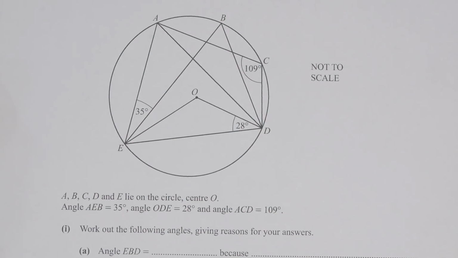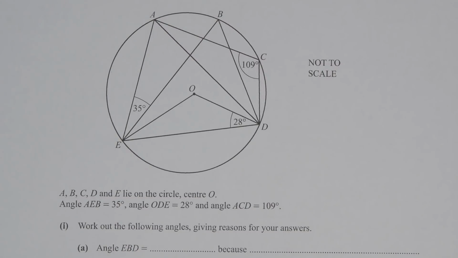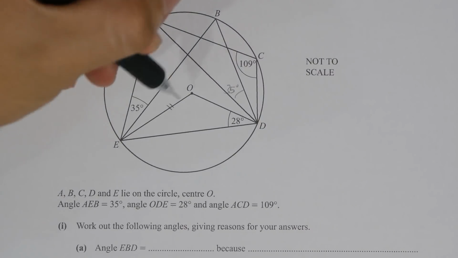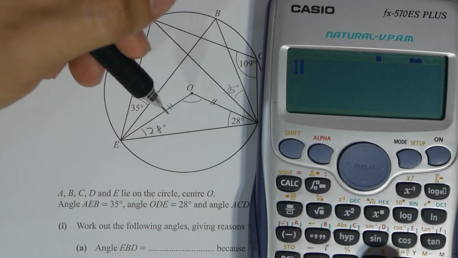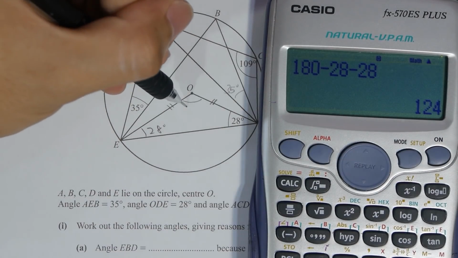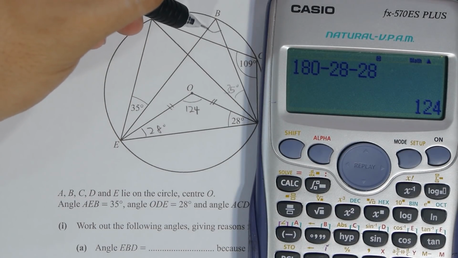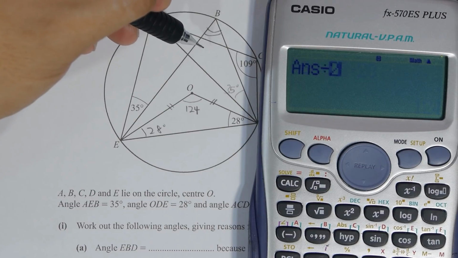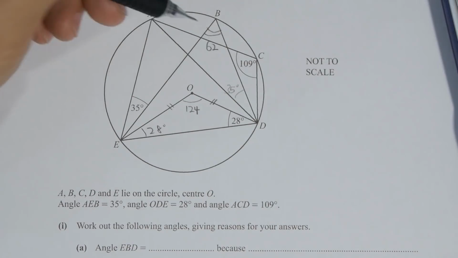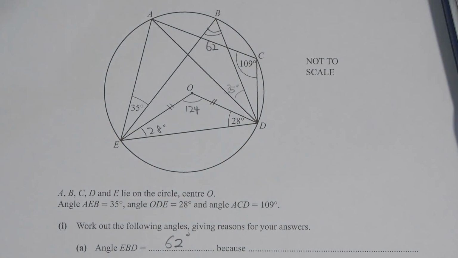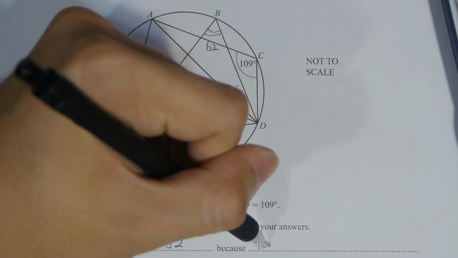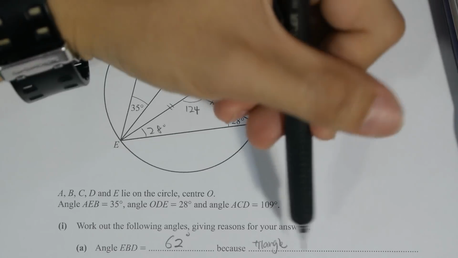Nine A. I fill out all the information that I put into the graph. A couple of things that I've identified is that AEB is 35, which is also equivalent to ADB, and also EAD equals EBD.